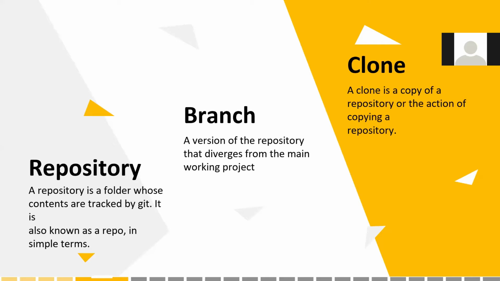So repository is kind of like that. When you create a new project in GitHub also, we call that a repository. And we used to call them repos as well. So if you hear the word repository, I'm referring to the place where we have saved our software code.